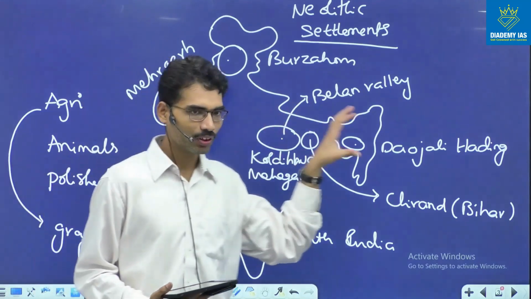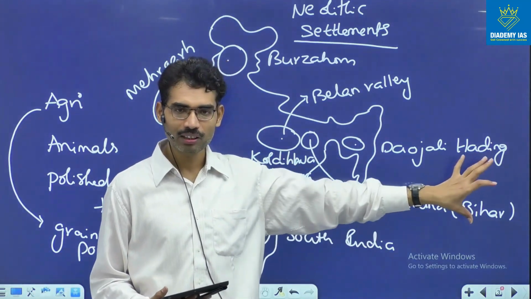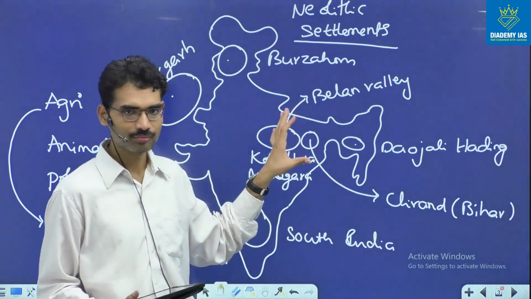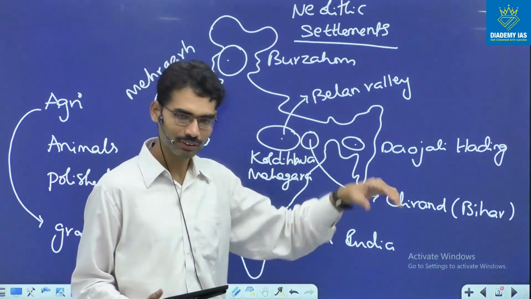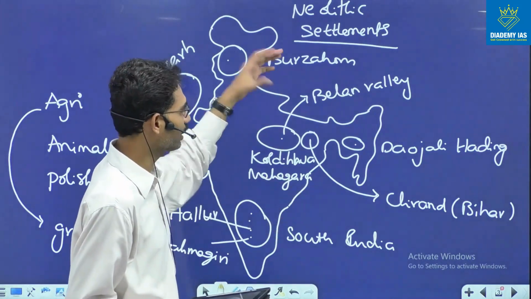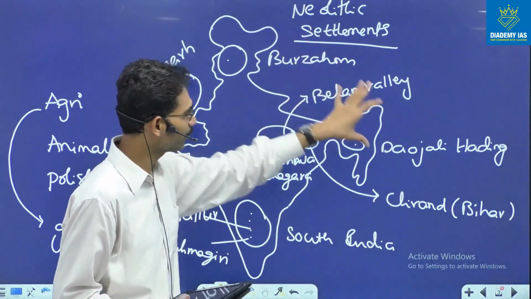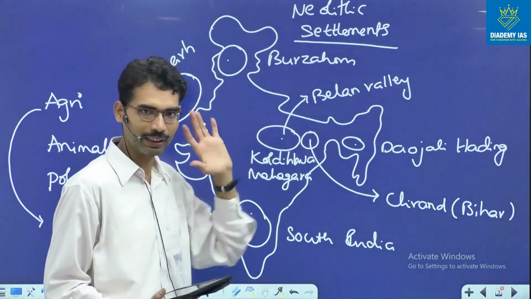What is the purpose of drawing the map? The examiner will not feel difficulty in identifying. After explaining all these things, you know mentally where Burzahom is and where Daojali Hading is.